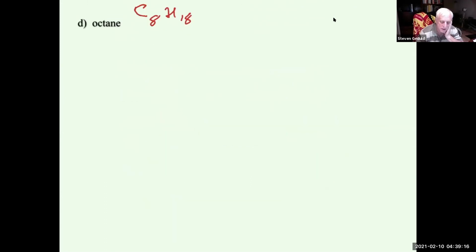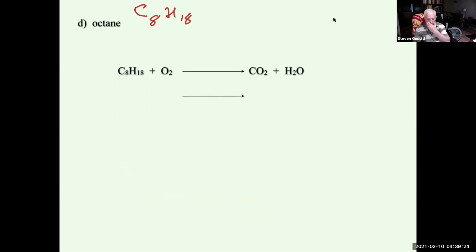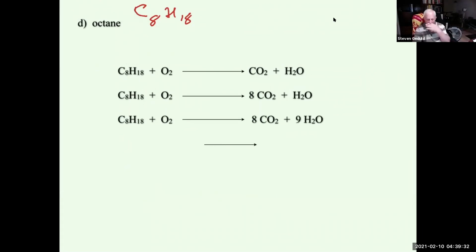Octane. C8H18 plus oxygen goes to CO2 and water. 8 carbons, so make this side say 8. 18 hydrogens, so make this side say 18 hydrogens. Now our carbons and hydrogens are balanced. Now we put a number in front of the O2 to balance our oxygens. I have 16 oxygens here plus 9, so a total of 25.